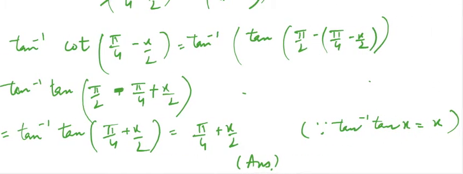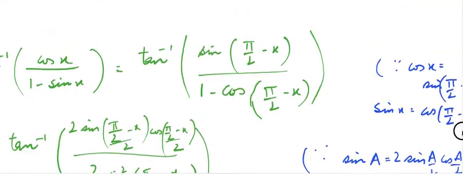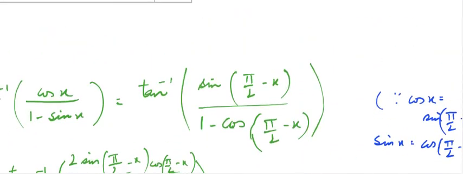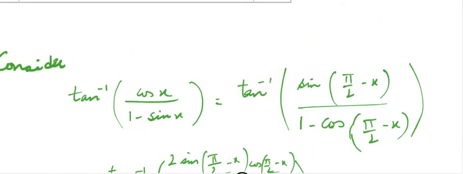So my entire purpose is to convert the function in front of tan inverse into the type tan. हमारा पर्पस रहेगा cos x upon 1 minus sin x को tan की फॉर्म में सिंप्लीफाई करें. So what I do is, in the numerator I want this expression to be of the type sin, and in the denominator I want an expression of the type cos, so that the things can cancel out and I can get something of the type tan or cot.